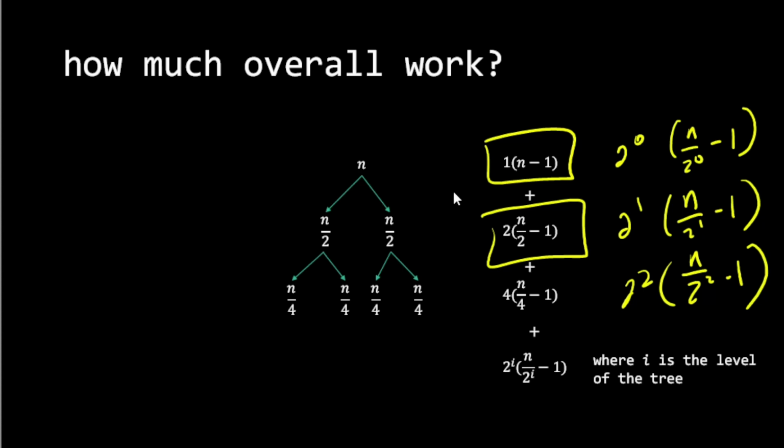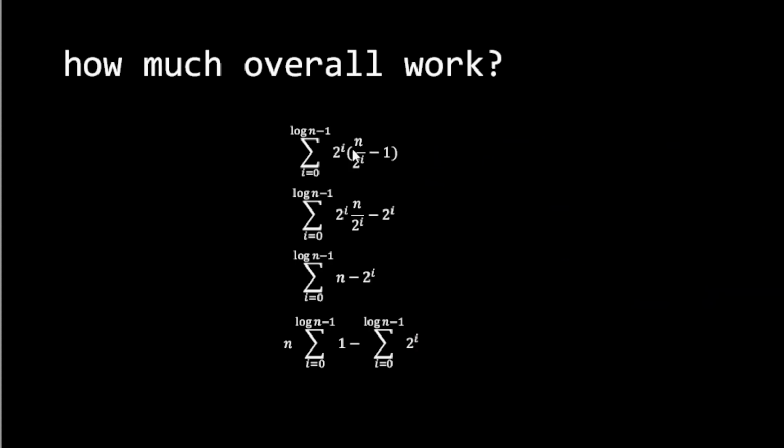So we really need to sum all these up, from i equals 0 to some upper bound. The upper bound here is log n minus 1. Let's look at this first equation.